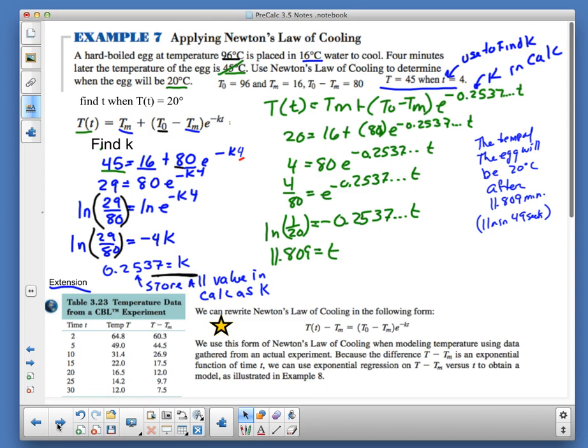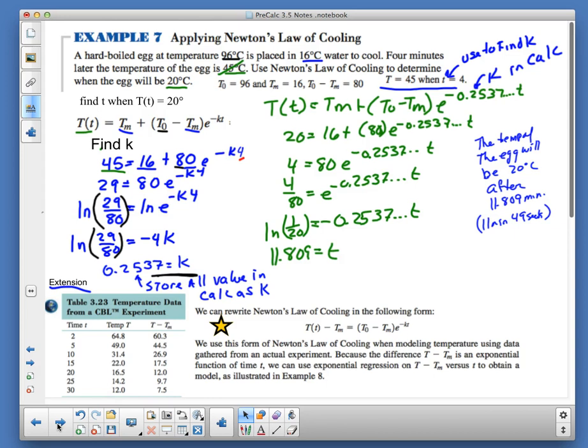Remember, in this class, when we're doing decimal answers, we need to carry it out to 3 decimal places. And that transfers to 11 minutes 49 seconds. So in 11 minutes and 49 seconds, it'll be 20 degrees Celsius, as long as all the information is right: 96 degrees Celsius when it came out.